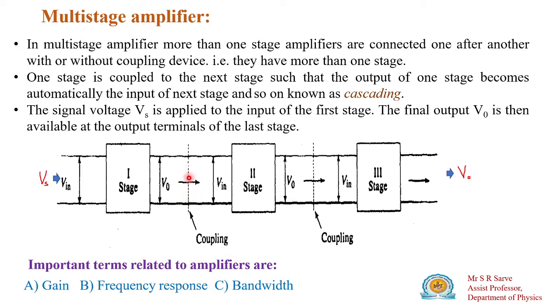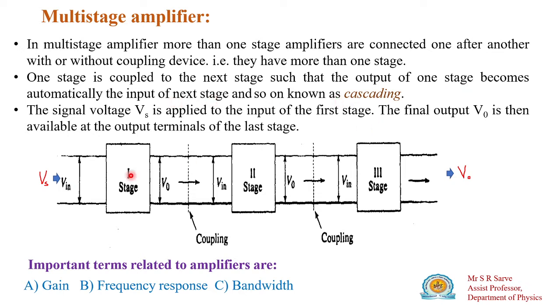They can be coupled with a resistance and capacitor combination, with transformer coupling, or with direct coupling. Depending on what you need, that will decide which coupling you want to use. In a multi-stage amplifier, one stage is coupled to the next stage, and the output of one stage becomes the input for the next stage.